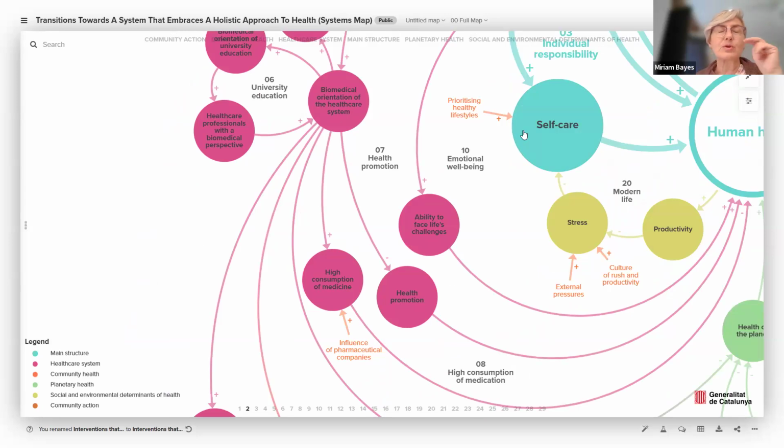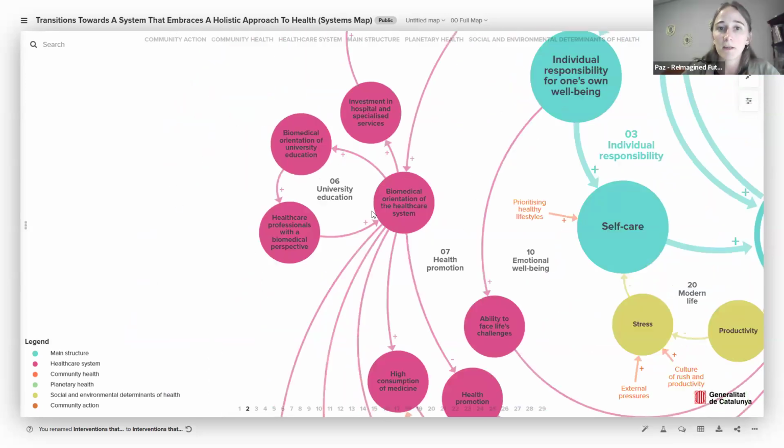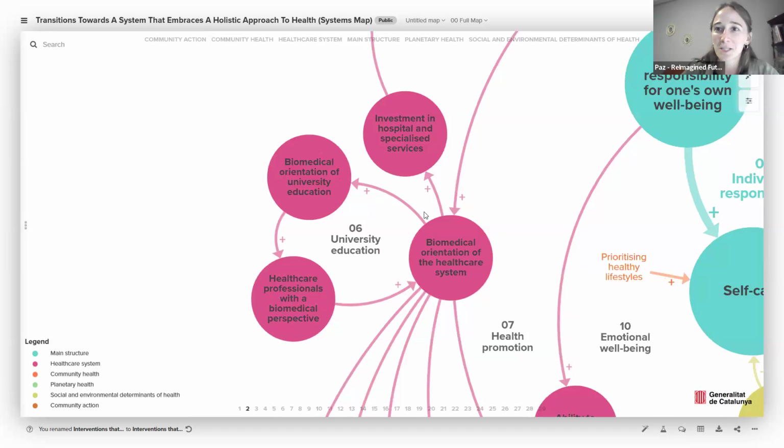And I have a second question. Do you know if GenCat is going to use these to implement some changes also at the university level on the medical degree? That's a great question. I have no idea, but here's the loop that kind of explains that dynamic in university education. I guess that having this loop in the map that states how the biomedical orientation creates more professionals oriented to that biomedical approach, maybe it's intended to be here to generate these conversations with universities.